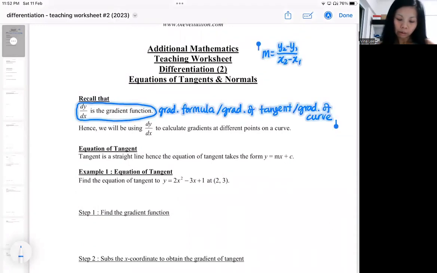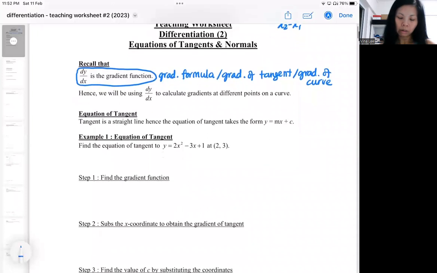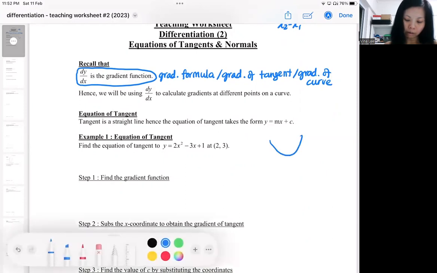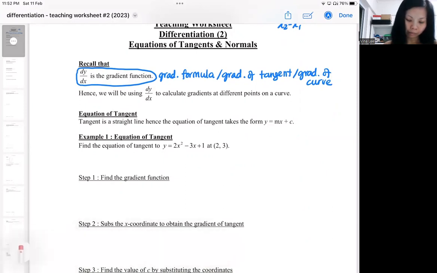In this application, we are investigating the equations of tangents and normals. If you recall, tangents are something like this. For example, in example 1, if you have a curve, you just locate the point.